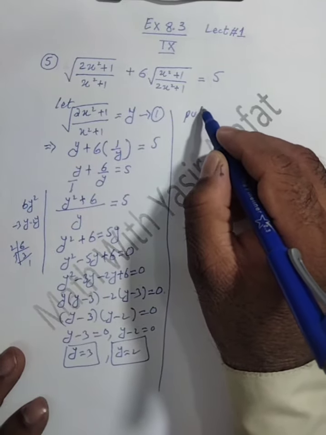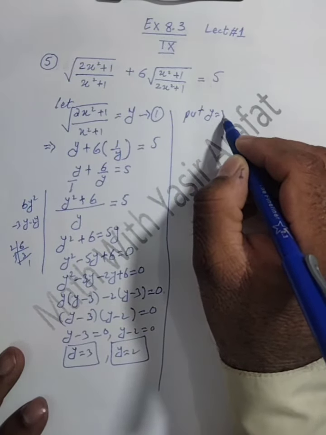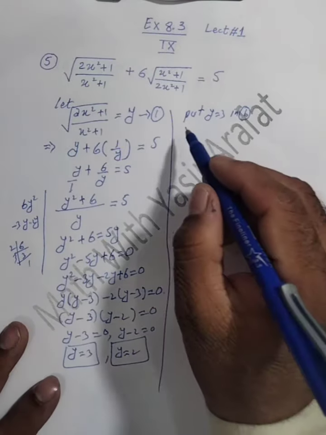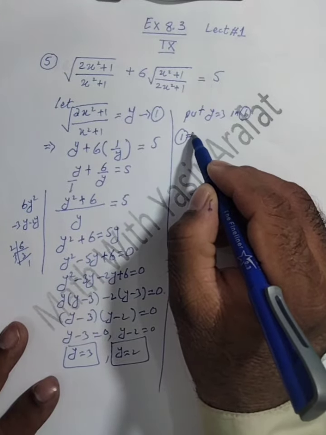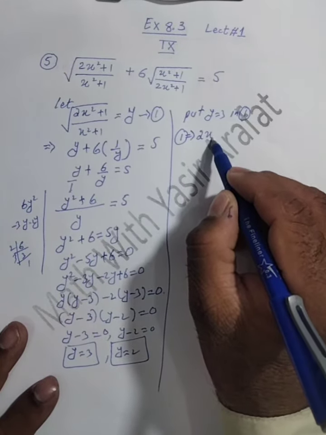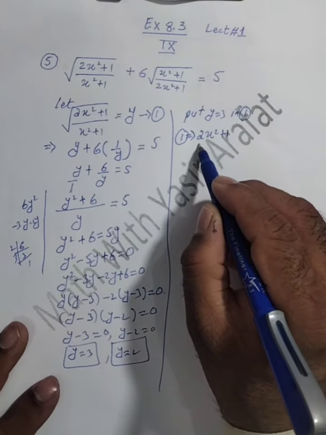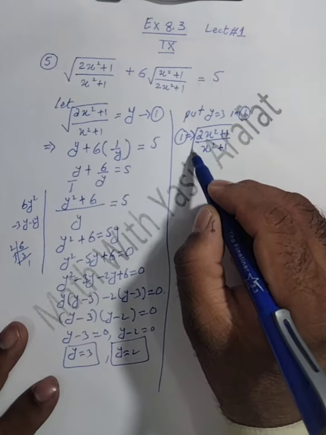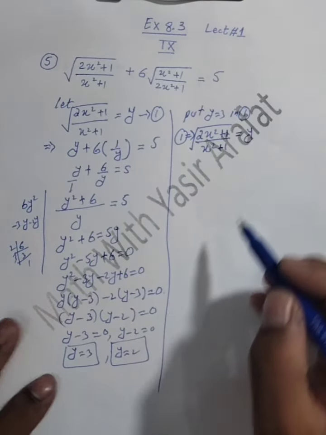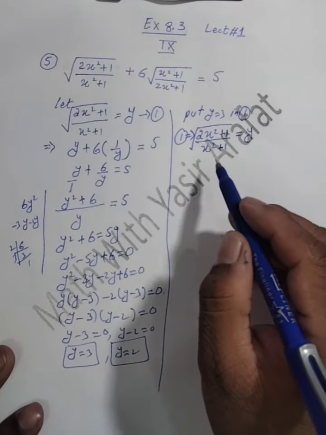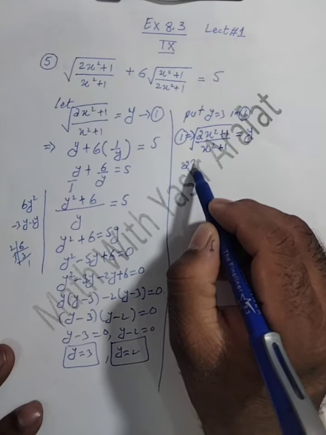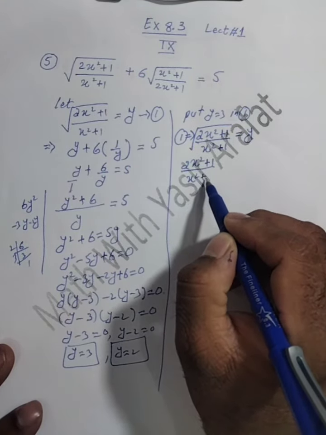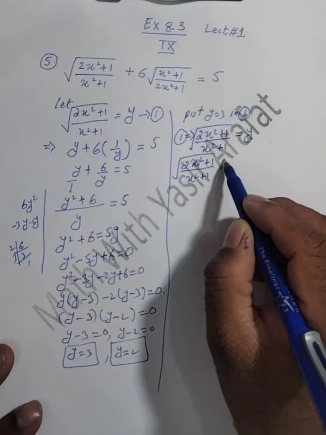So put y is equals to 3 in equation number 1. So equation number 1 is 2x square plus 1 over x square plus 1 in the radical, that is equals to y. And what is the value of y?